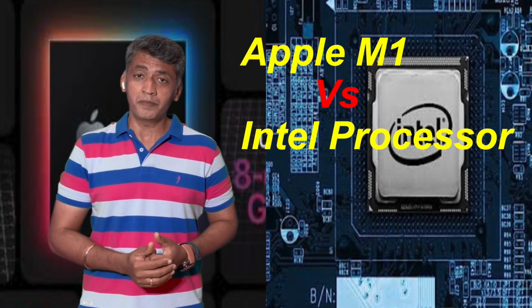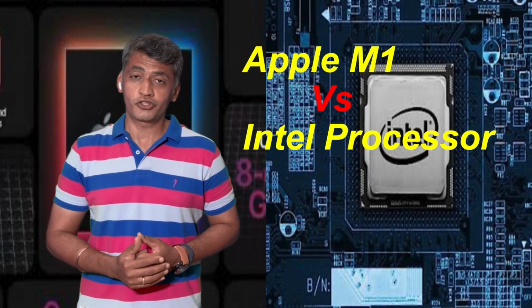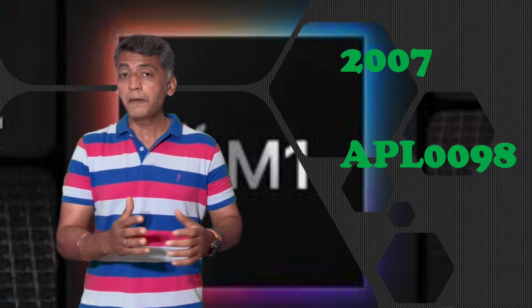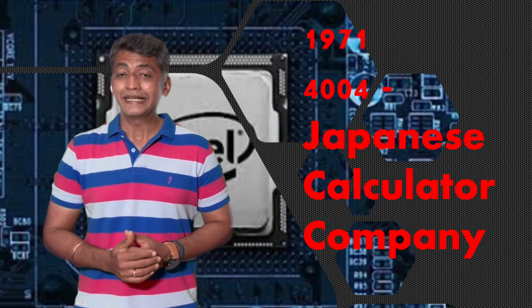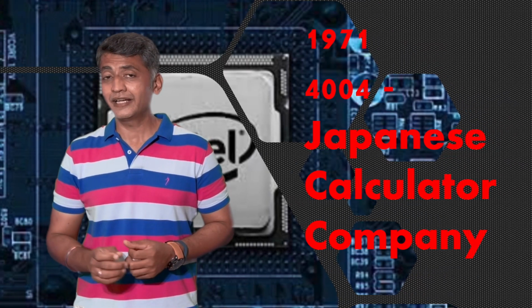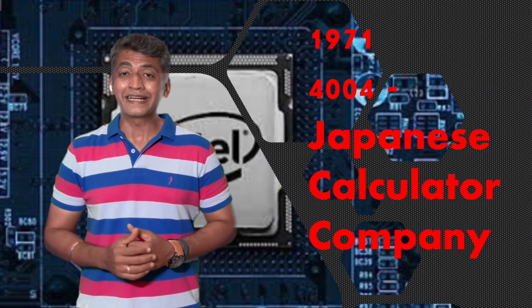So when these companies started manufacturing chips, Apple started its chip journey in 2007. Their first processor is APL0098, which they started using in the iPhone and iPad. But Intel started its processor journey in 1968.